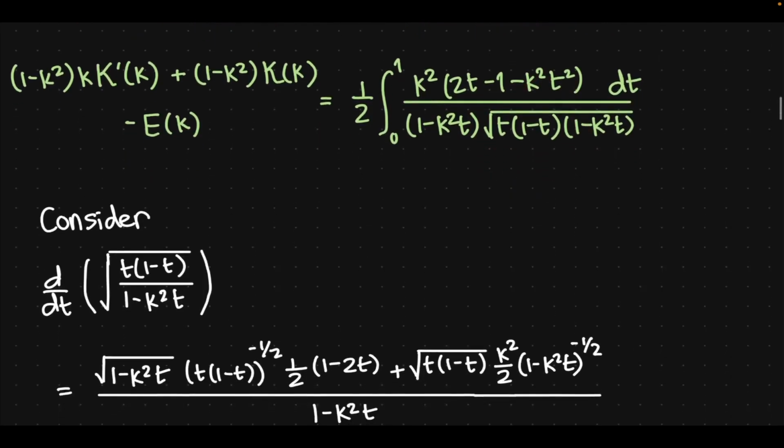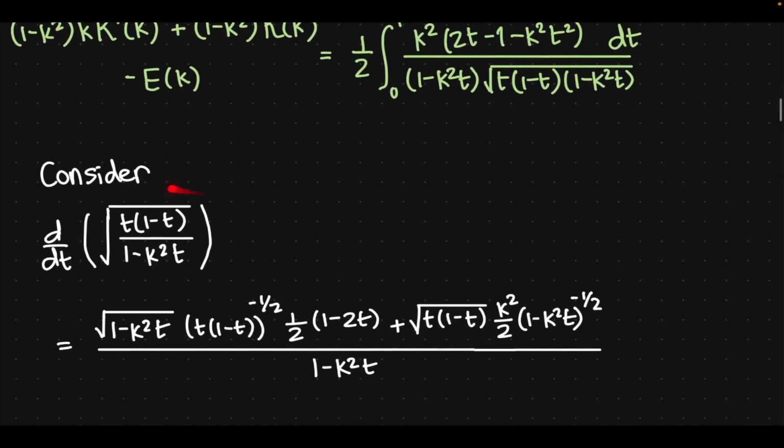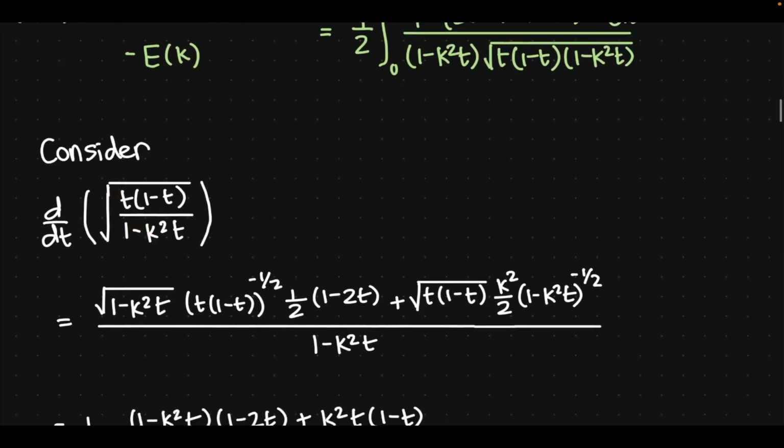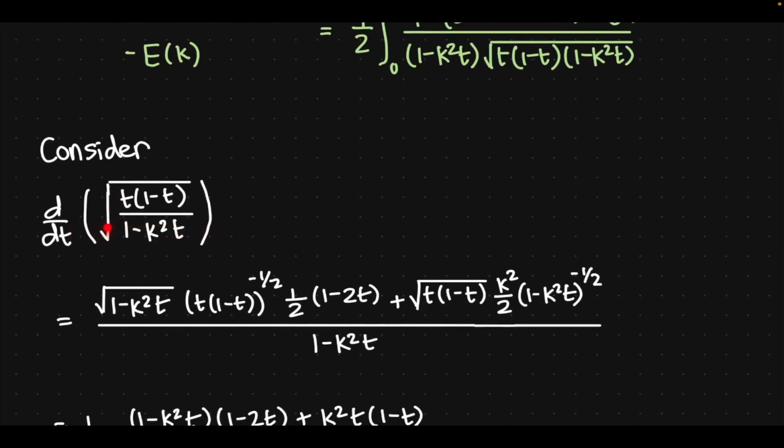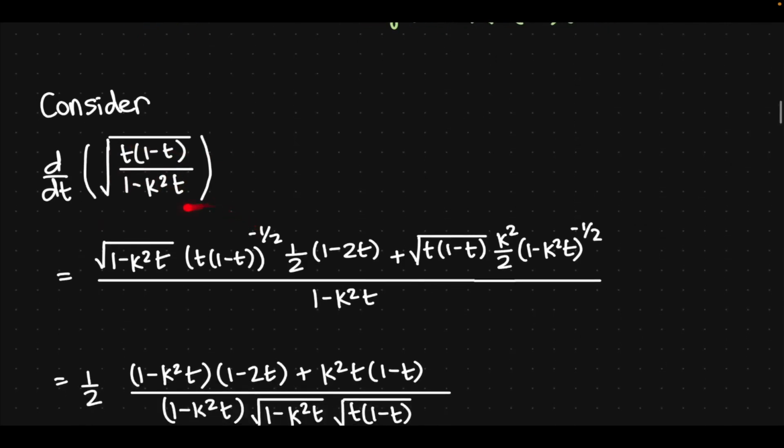Well, let's take a detour a little bit. Let's consider the derivative with respect to t of the function square root of t times (1 minus t) divided by (1 minus k squared t), all under 1 square root. So when we have to differentiate, we first have to do the quotient rule and the chain rule, basically.